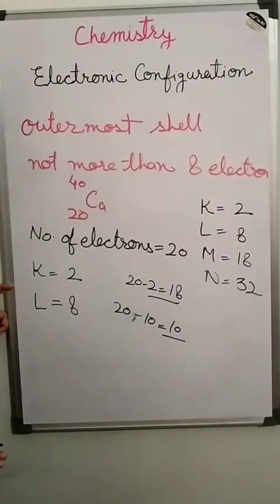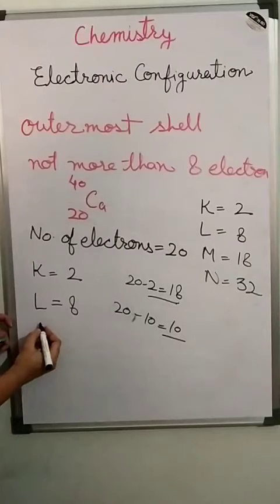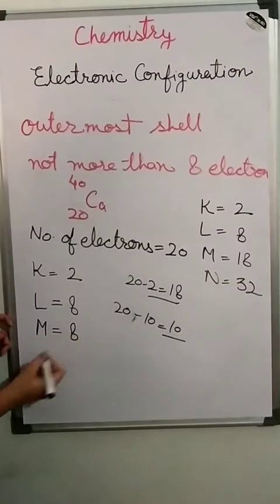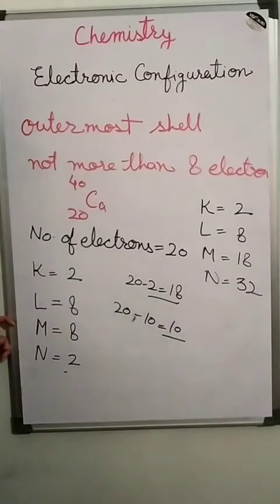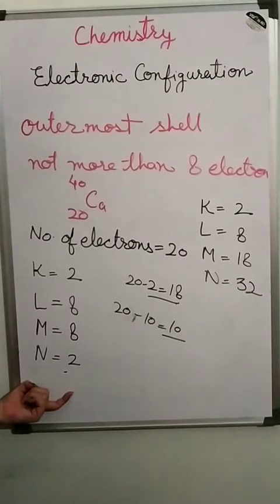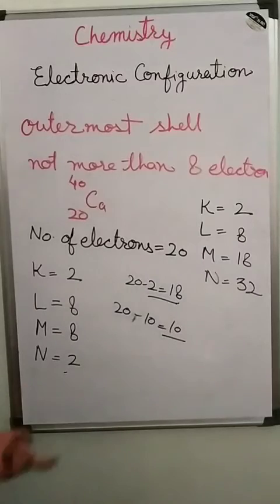But as I told you, in the outermost orbit a maximum of 8 or 2 electrons can stay. So M is equal to 8, and N is equal to 2. In the outermost orbit we can fill a maximum of 8 or 2 electrons.